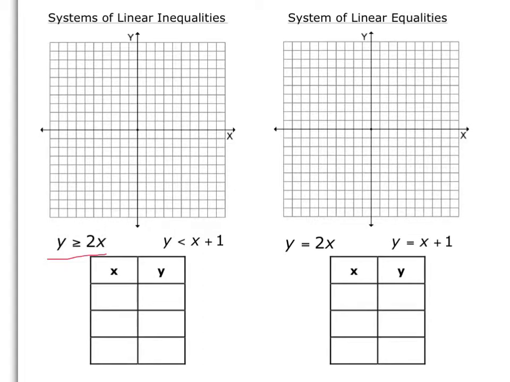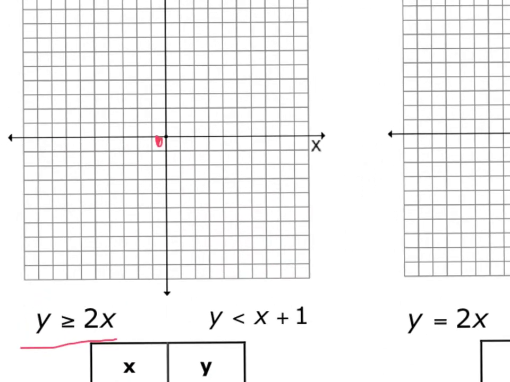We're going to go ahead and plot our point. Let's zoom in here. Then your slope is 2 over 1, so from your y-intercept, we're going to go up 2 and over 1. Then we're going to draw our line. Remember, with inequalities, you either have a dotted line or a solid line.